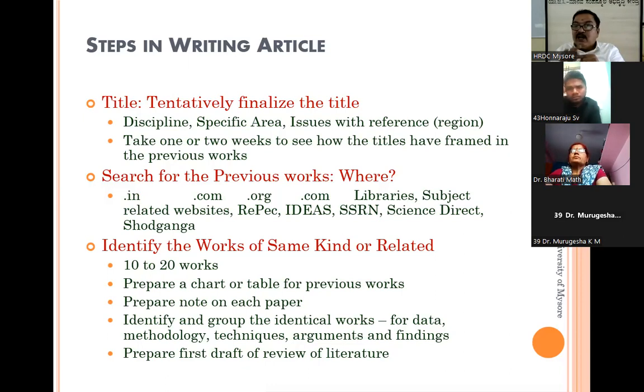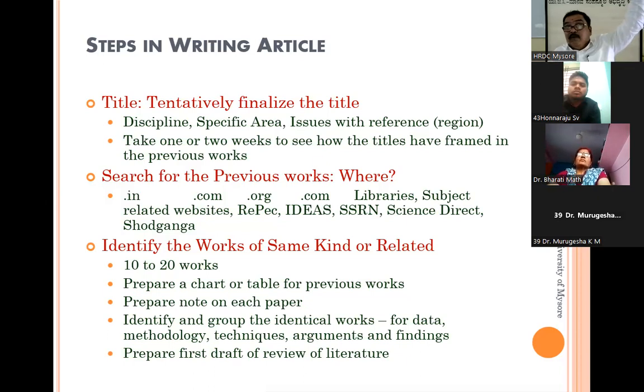Whether you are talking about clean energy, sustainable energy, renewable energy, energy prices, the quality of energy, the adoption of energy, technologies in energy, investment in energy, consumption of energy, practice of energy sources. What are the things that we are talking about? Whether we're talking about energy related to India, Karnataka, or urban, rural, what are the references?